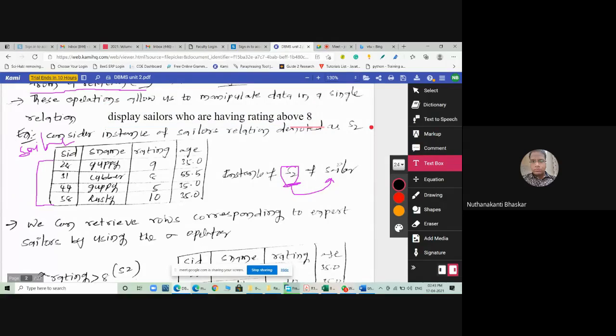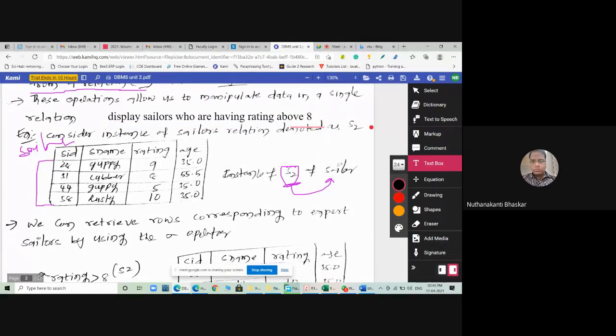Now come to the sailors table. Display sailors means we have to display all the sailors. What are the sailors? Guppy, Lubber, Guppy, Rusty. So all these sailors we have to display. But when I am displaying, who are having rating above 8. The rating is 9 is there, 8 is there, 5 is there, 10 is there. But I want to display only the sailors who are having rating above 8.